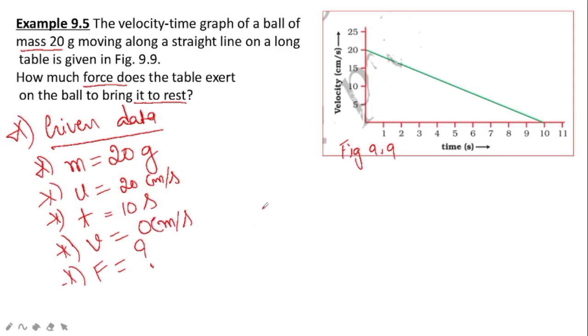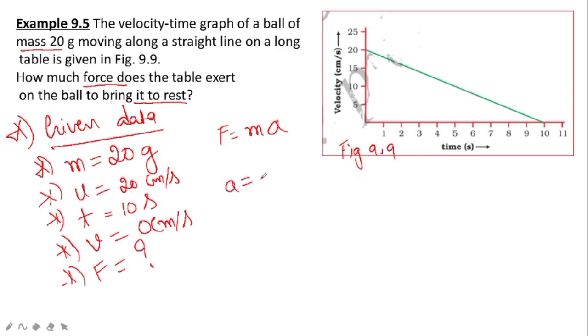Now we will find acceleration first, because we know the formula, that is F equal to ma. So we have mass, we need to find force, then we need acceleration. So we will find this acceleration here itself.